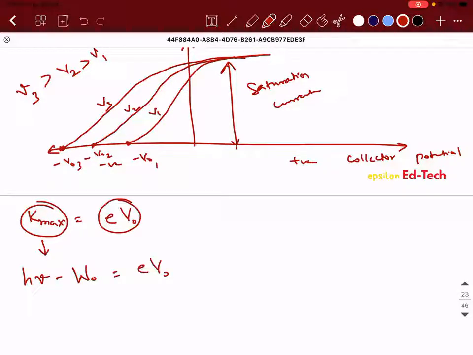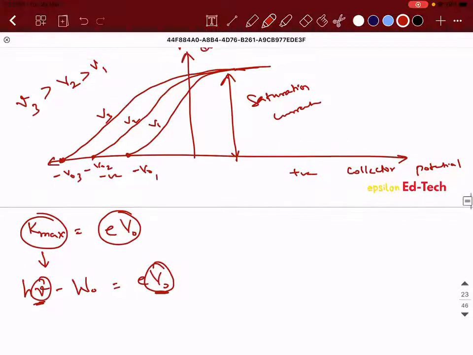So what can you conclude from this, guys? So frequency will decide the stopping potential. Greater is the frequency, greater will be the value of stopping potential. That is why we wrote something like this. Is that clear?